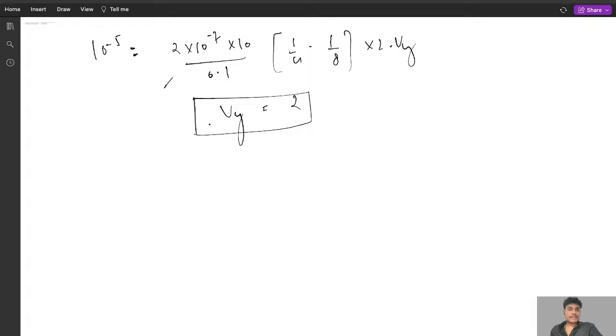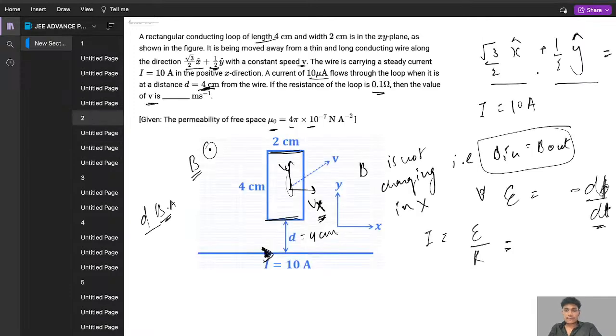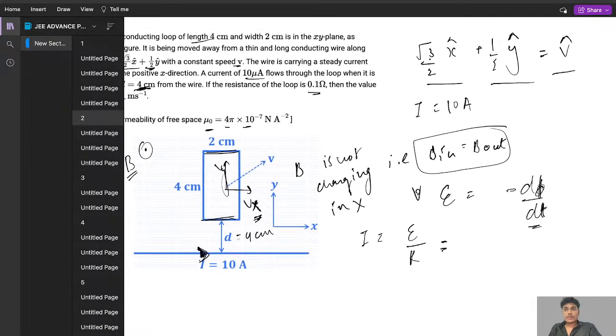From here we get vy is equal to 2. If you see the direction of velocity, that is equal to root 3 by 2 in the x cap plus 1 by 2 in the y cap, right?